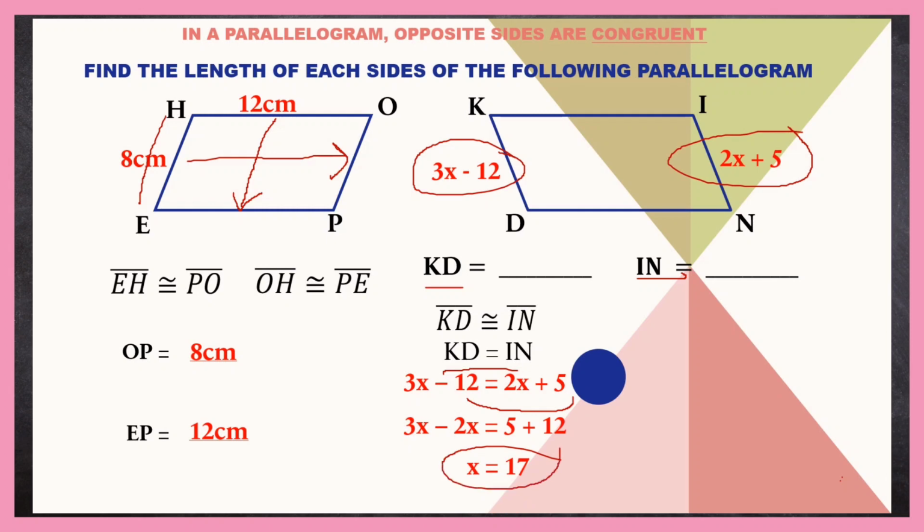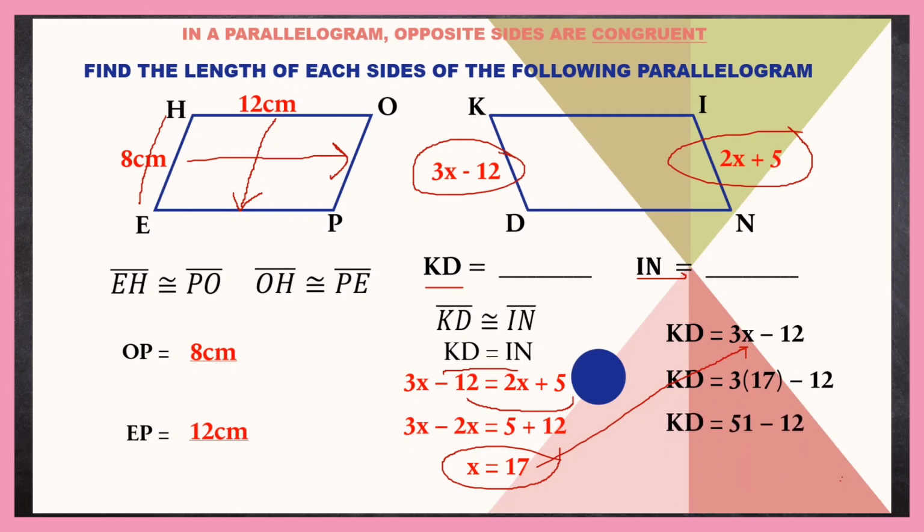And then of course, using 17, let us solve the unknown KD, or side KD and side IN. So let us write KD is equal to 3x minus 12. Then substitute the value of x here. So we have KD is equal to 3 times 17 minus 12.